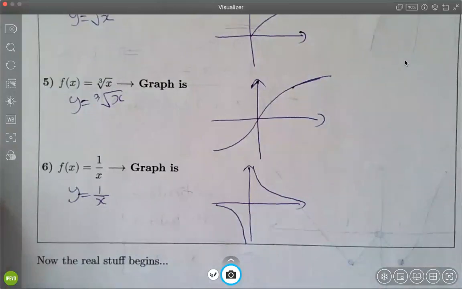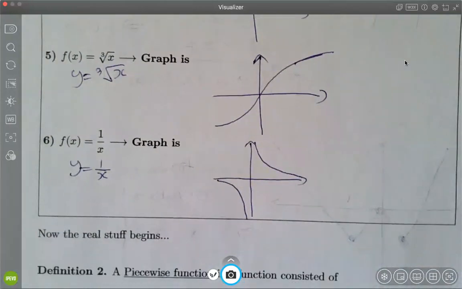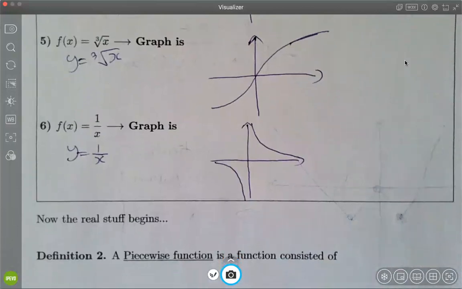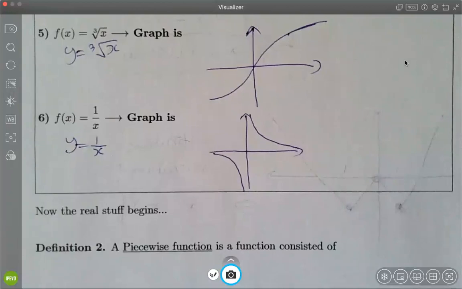Anyways, there's a reason that we revisit these libraries of graphs, because these will reappear a few times, not just in this section, but also in future sections. The core of the section is not this library of functions, but the piecewise function.